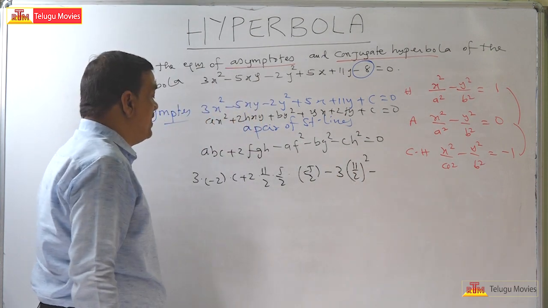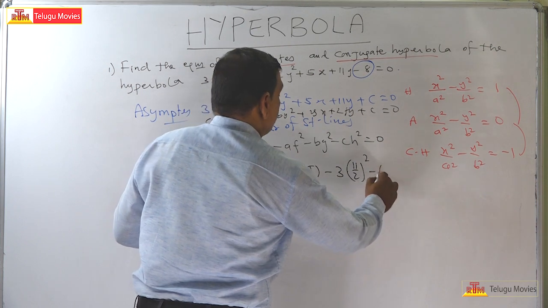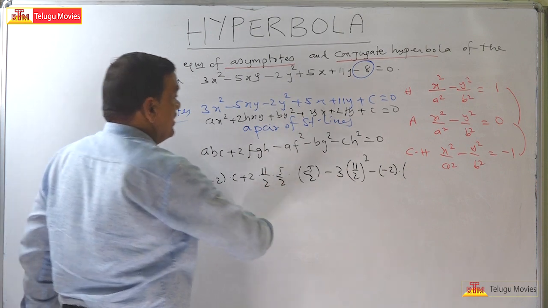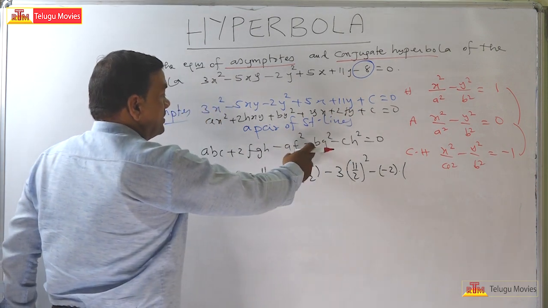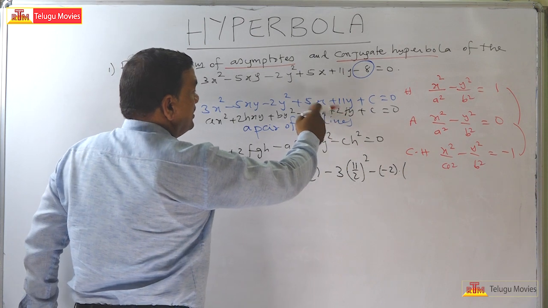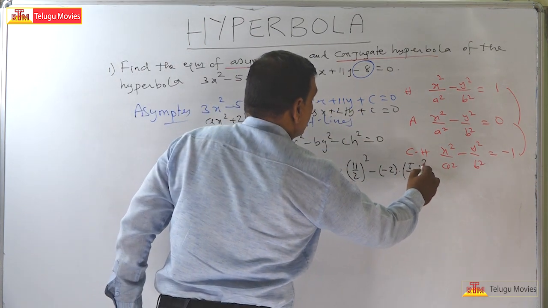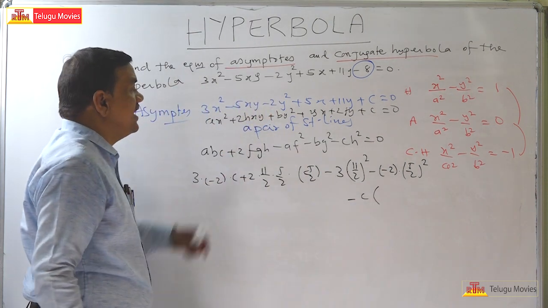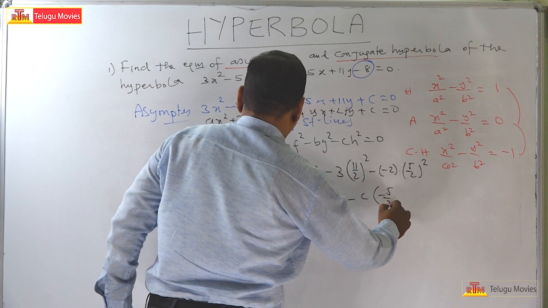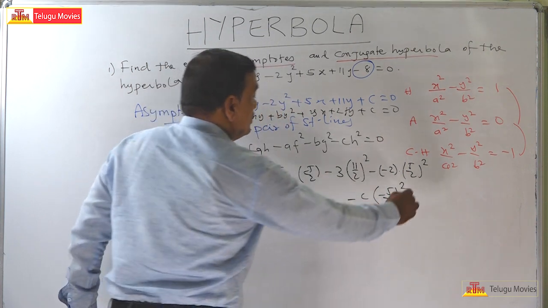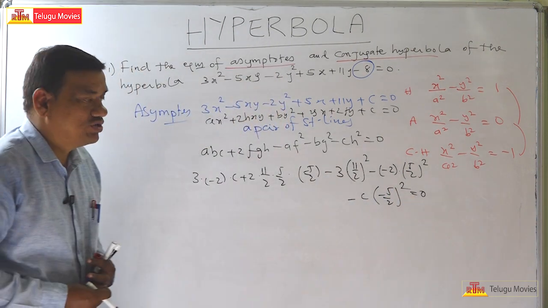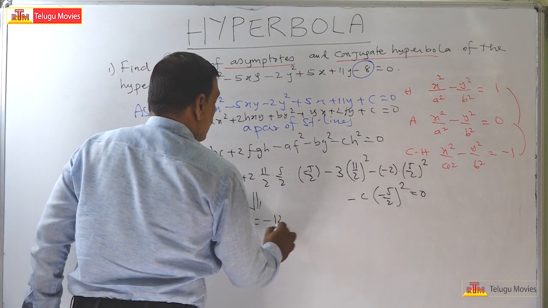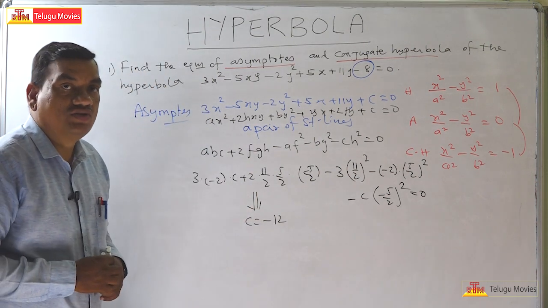Minus bg square: b is minus 2, g is 5 by 2, 5 by 2 whole square. Minus ch square: c is c, h is minus 5 by 2, so minus 5 by 2 whole square, is equal to 0. If you solve this, you will get the c value is equal to minus 12. Try to solve it.